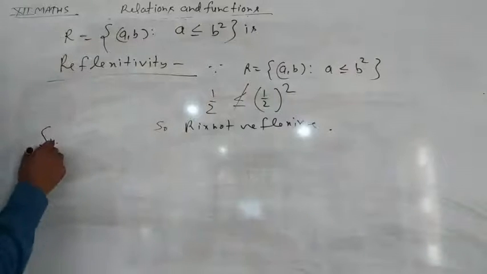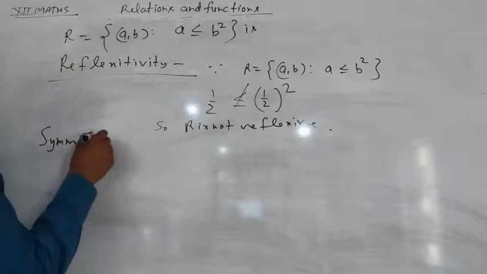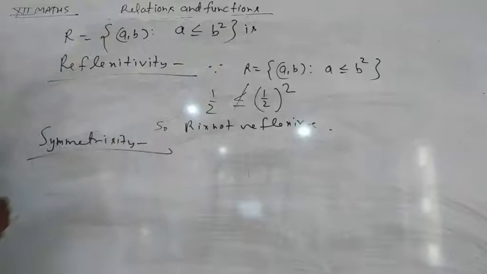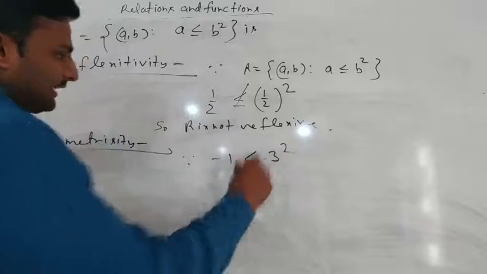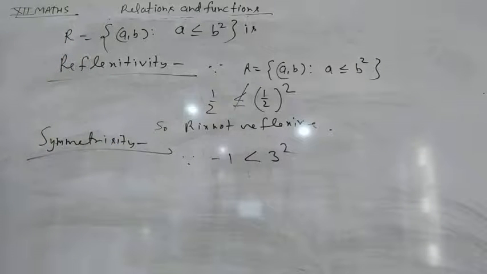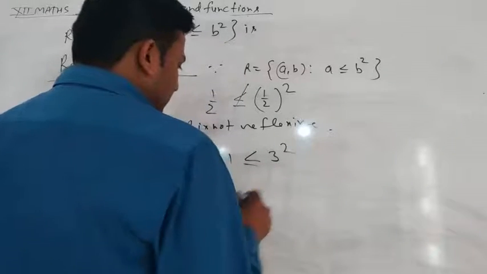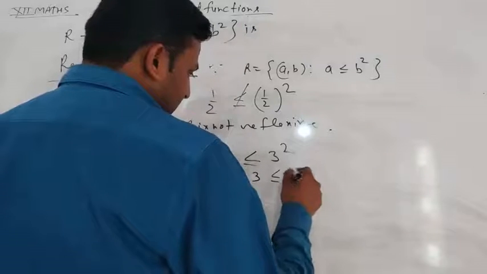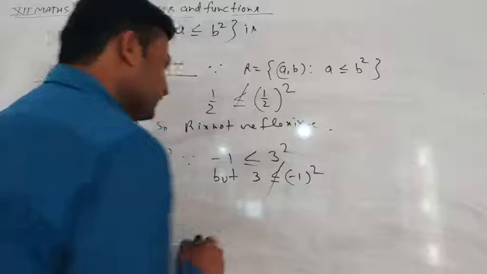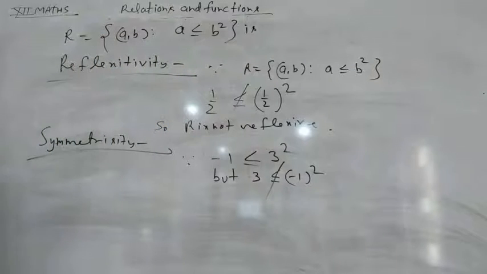Now symmetricity. Okay, students. For symmetricity, we take that −1 is less than or equal to 3 squared, but 3 is not less than or equal to (−1) squared.